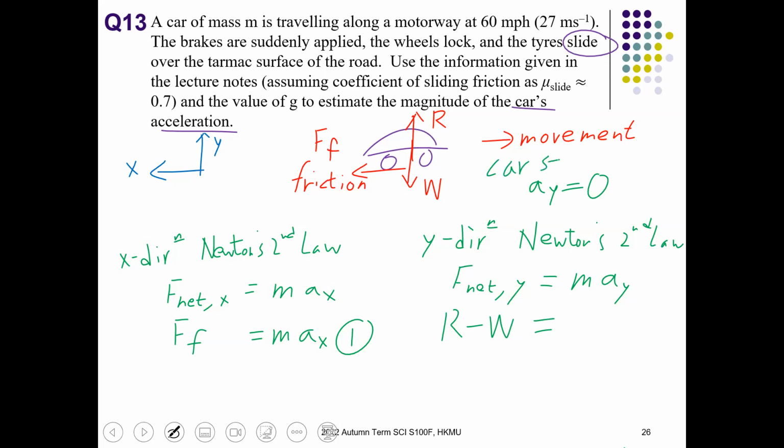The car stays on the road. Simplifying, R minus W equals 0, or R equals W. This is equation 2.